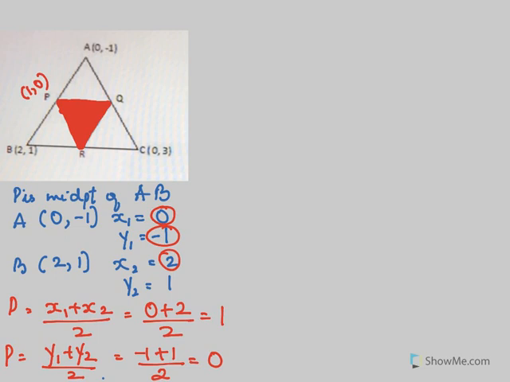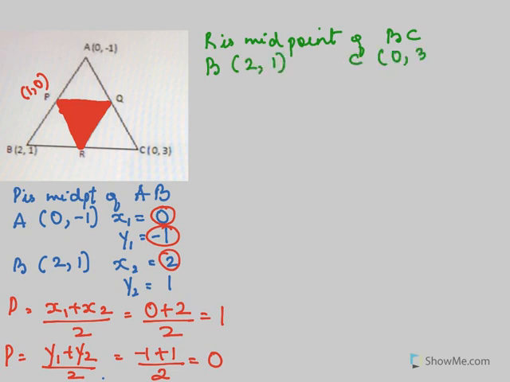Let's get on to find now the coordinates of R. Here again, R is the midpoint of BC. So B is (2, 1) and C is (0, 3). This is x1, y1, x2, y2. The coordinates will be x1 plus x2 divided by 2 and y1 plus y2 divided by 2 because it is a midpoint.